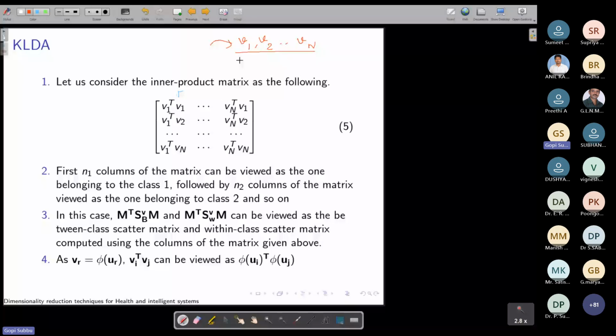Take the first vector and keep it fixed: v1 with v1, then v1 with v2, and so on up to vn.